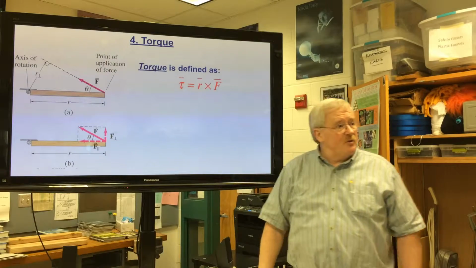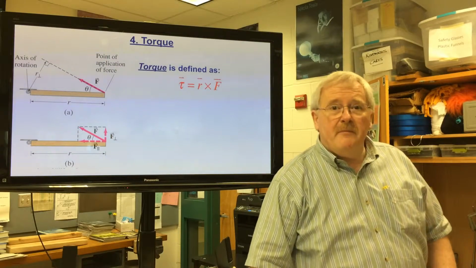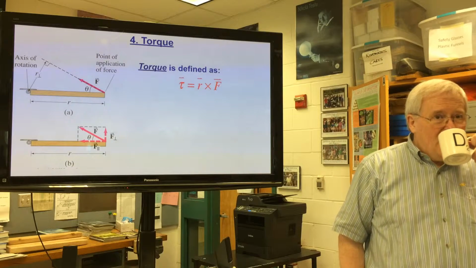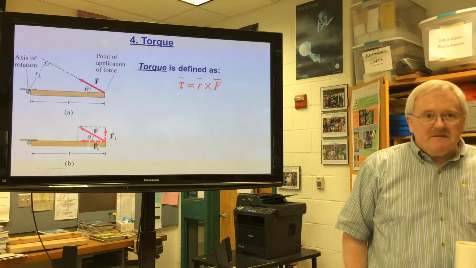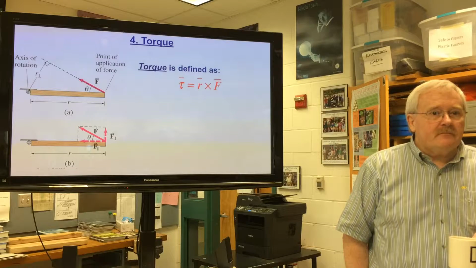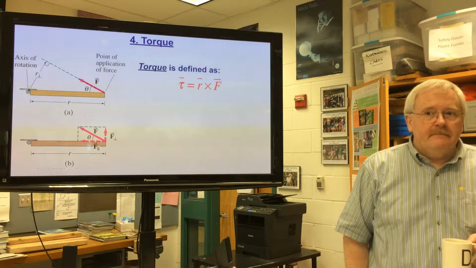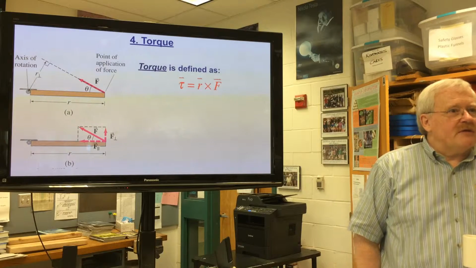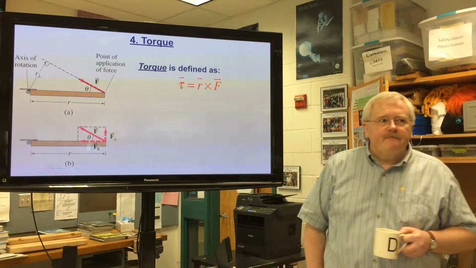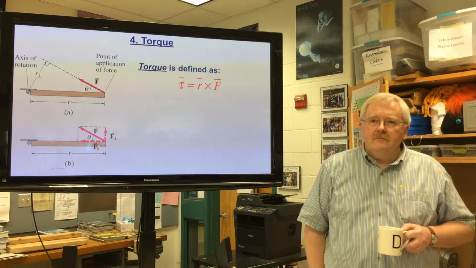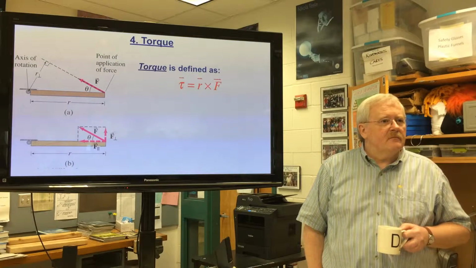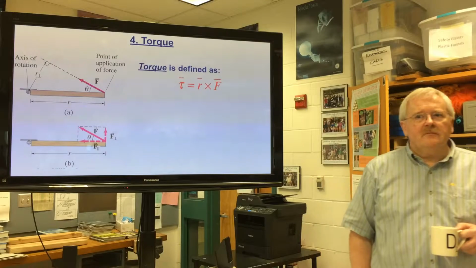We've already dealt with vector dot products. Who remembers where we dealt with vector dot products? What unit was it? Circular motion? Anyone? No?